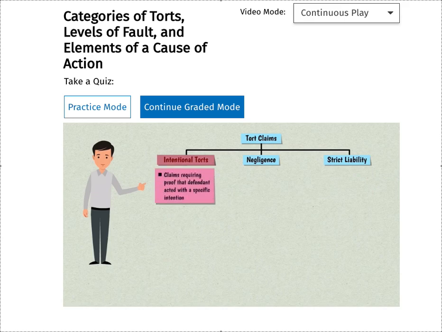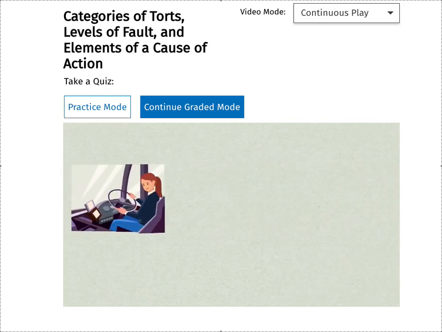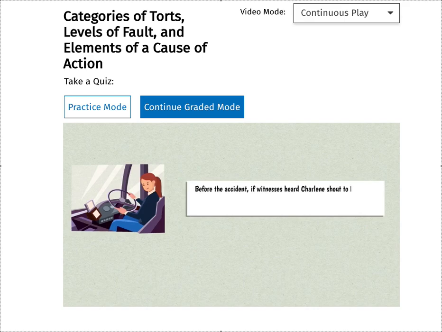Intentional torts are claims that require proof that the defendant acted intentionally in some specific way, such as acting with a desire to harm or with knowledge that harm was substantially certain to result. In the case of Charlene and Ben, if the evidence showed that the two happened to be hated rivals and witnesses heard Charlene shout, "I'm gonna run you down," just before she hit him, well, then Ben might be able to assert an intentional tort claim against Charlene.